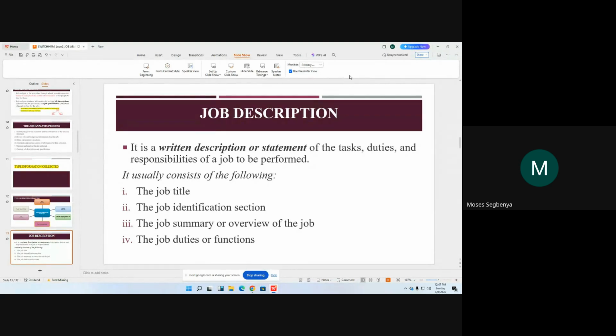In every job description, you'll see the job title: class teacher, headmaster, school accountant, school bursar, cleaner. That is a title. So in every job description, you also see the job identification section. So that job, is it a managerial or non-managerial level? If you put yourself as a teacher or a head of department or head of unit, where will you classify that?